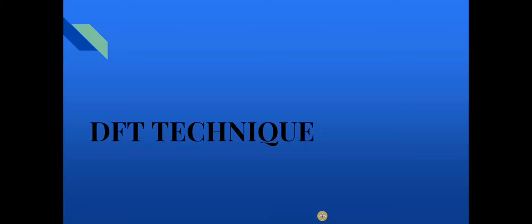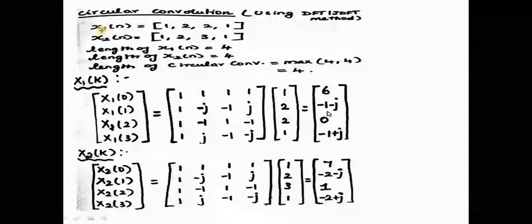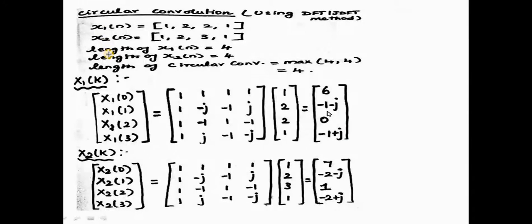Then we shall move to the DFT technique, discrete Fourier transform. So here again we are given two sequences, x1 of n and x2 of n, each having 4 samples. In this you should count the number of samples. So first we should know the length of the samples. Length of x1 of n is 4 and length of x2 of n is again 4.